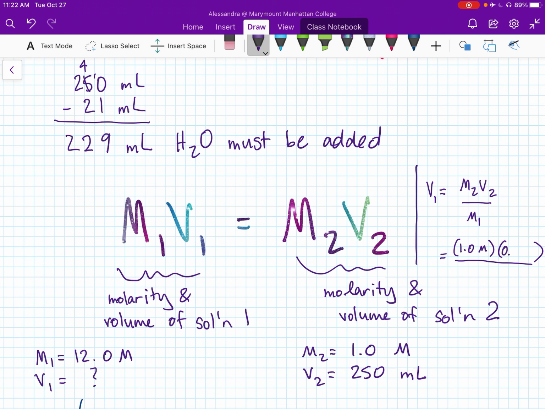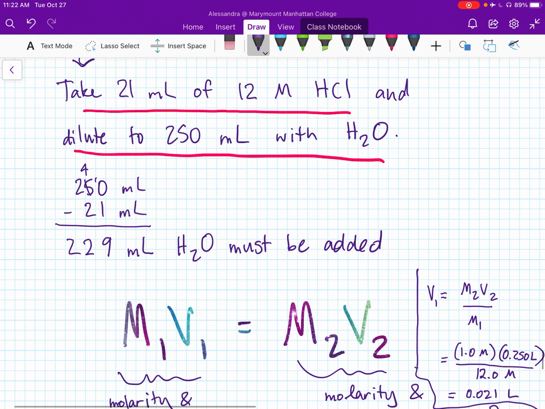Just convert it to liters, so that you're consistent at the beginning before you get used to doing this. And then you divide it by 12 molar. And that will give you 0.021 liters. So that would be the 21 milliliters that we figured out earlier for the amount of stock solution.